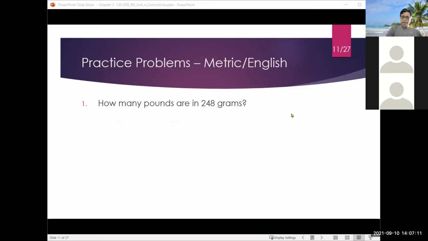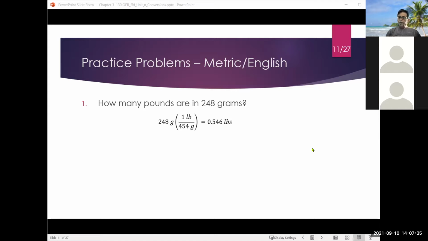All right, some more examples. We got here, how many pounds are in 248 grams? Well, here's the conversion factor of metric to English, and that is 1 pound is 454 grams.